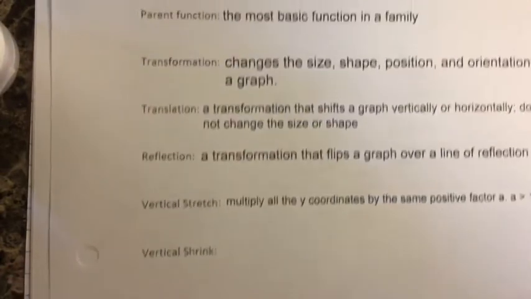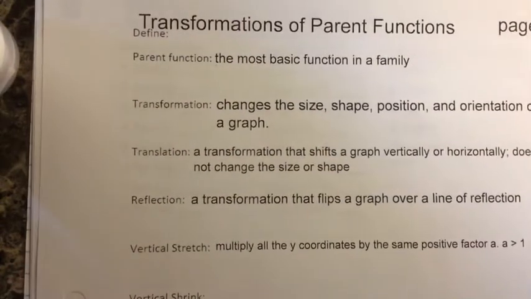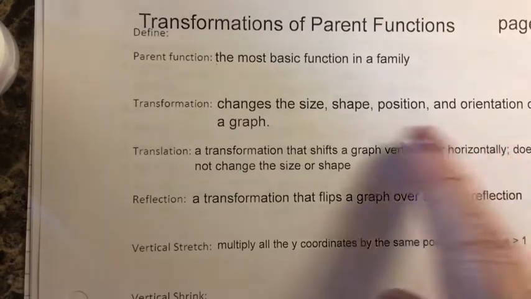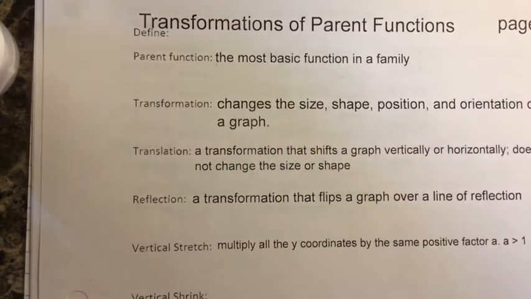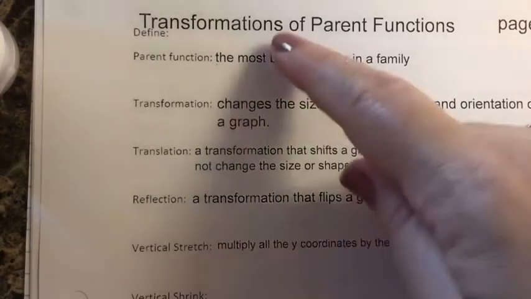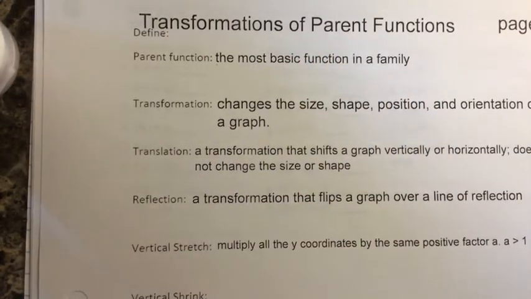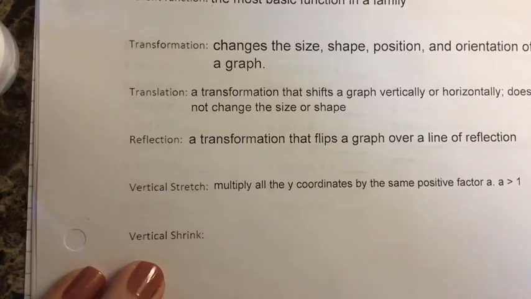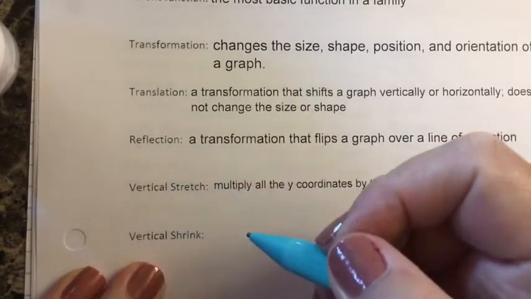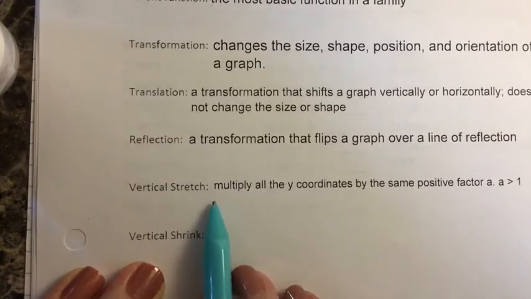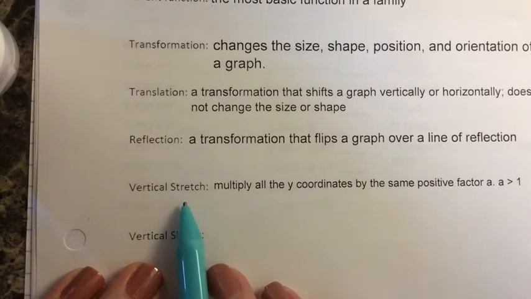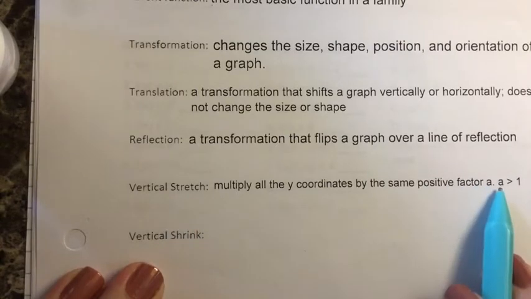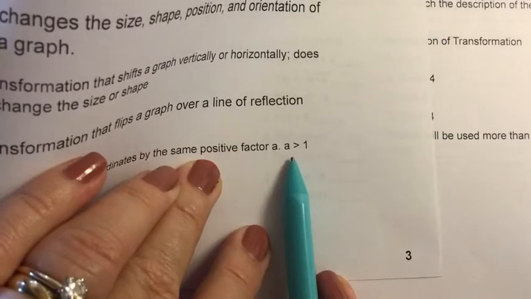I have provided page 6 for you. It's in your folder. You can't see this, but over here across from the title, it says page 6. Please read through the definitions. I did not put a definition for vertical shrink, although it's going to be the same as vertical stretch, except for this condition here.